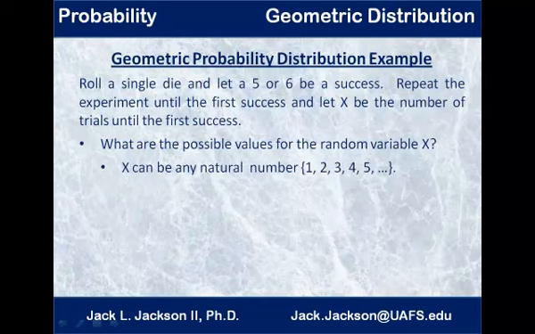Well, x can be any natural number, 1, 2, 3, 4, 5. Notice you can't get 0 or negative, but there is really no upper limit to this. They get less and less likely as we go out there, but there's still some very, very small, perhaps, probability that x could be a very, very large number, as large as anything you'd want to put in there. So in theory, this goes on out forever.